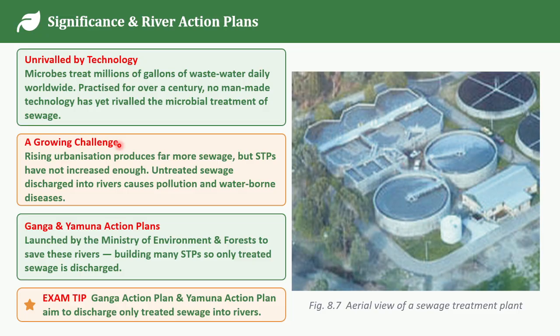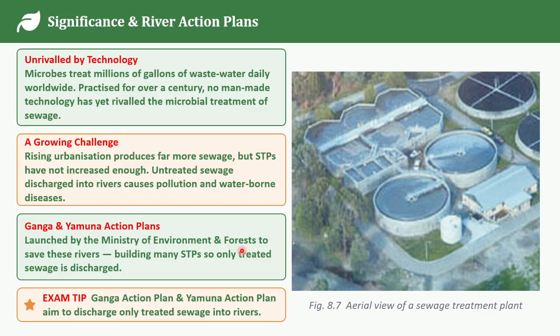So this untreated sewage, what happens? Sometimes they enter the river. When they enter the river, what will happen? They cause water pollution and also increase waterborne diseases. Okay, here are the Ganga and Yamuna action plans. To tackle the river pollution, the Ministry of Environment and Forest initiated the Ganga Action Plan and Yamuna Action Plan.